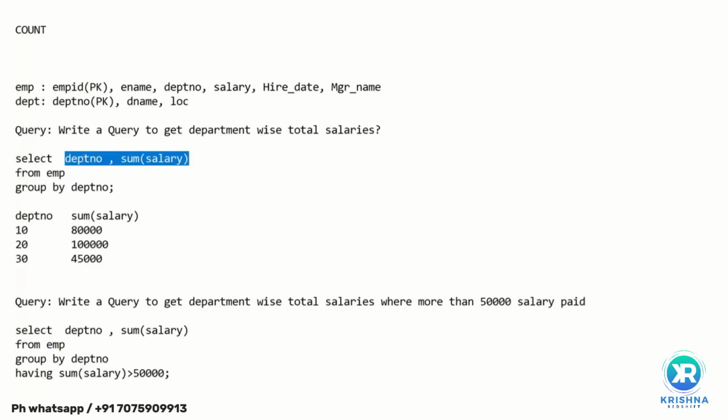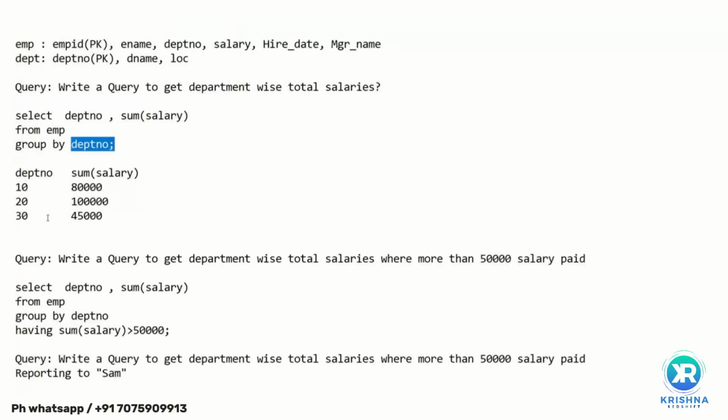Since the select list has an aggregated column, sum of salary, because sum is an aggregate function, and department number is a normal column, the non-aggregated column should be under group by. Then only it is syntactically correct. So that's why we put department number under group by. Then this query will work and you will get the result.